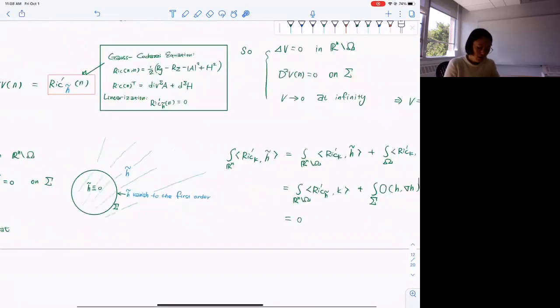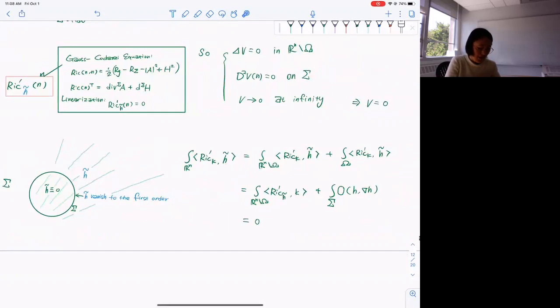So here, if we pair H tilde with any linearization of the Ricci tensor, where K is an arbitrary two-tensor deformation, and take the integral, this integral splits into the integral in the exterior region and the integral in the interior region. This term is 0 because H is 0 in the interior region. For this term, we can take integration by parts or use the Green type identity I showed you before.